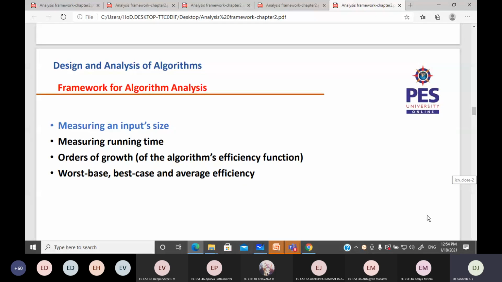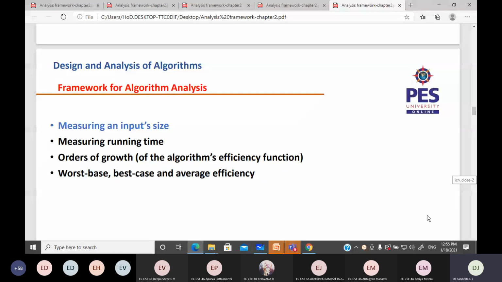So our analysis framework says both time and space efficiencies are measured as functions of the algorithm's input size. Time efficiency is measured by counting the number of times the algorithm's basic operation is executed. That's very important. The efficiencies of some algorithms may differ significantly for inputs of the same size.